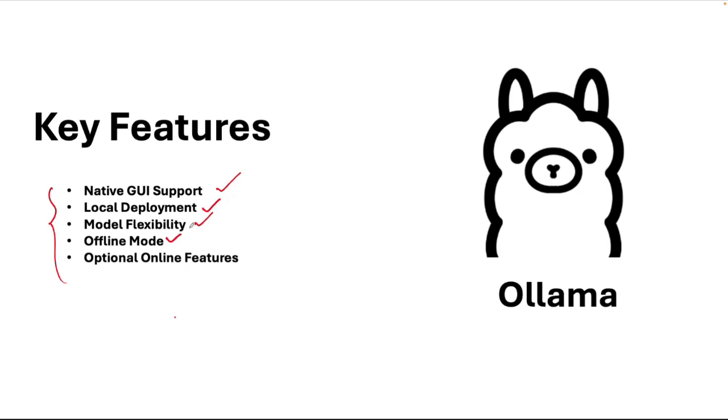Then offline mode. So once models are downloaded, Ollama operates fully offline. And that is why it is ideal for secure or disconnected environments. And then there are some optional online features as well, like web search and turbo. So web search requires an internet connection to fetch real-time data from internet.